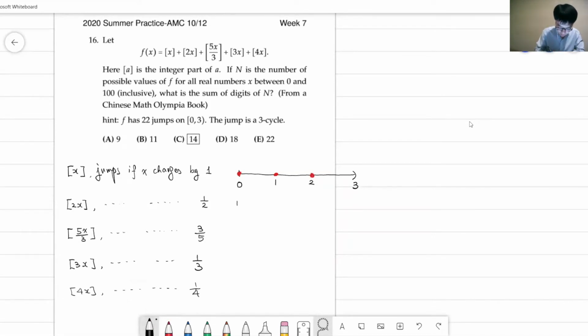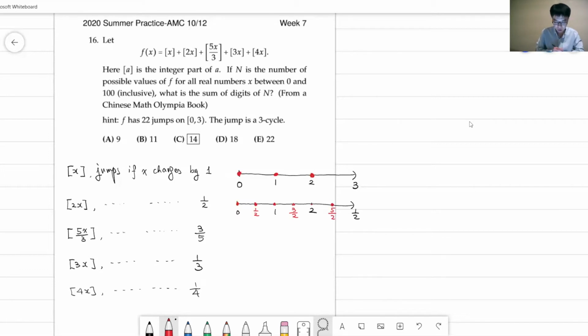And next, we consider 2x. So this part jumps for every 1/2. So we have this 0, and this 1/2, 1, 3/2, 2, 5/2.